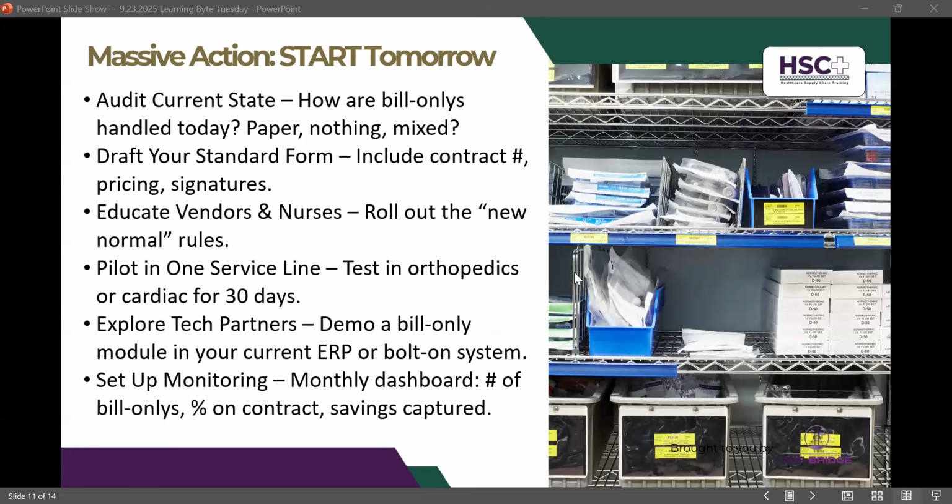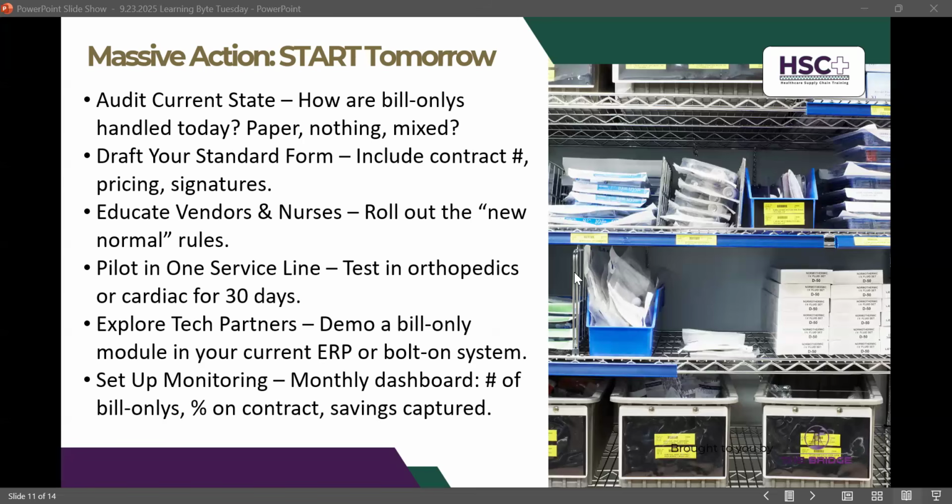Your current ERP might have a bill only system, and you're going to want to check it out. Remember, your ERP system you have today, whether it's Workday or Infor, Lawson or PeopleSoft Oracle or SAP, whatever your ERP system is today, it probably has some kind of bill only mechanism.